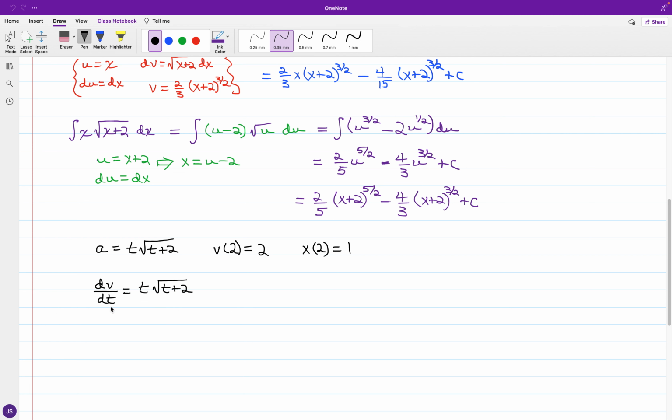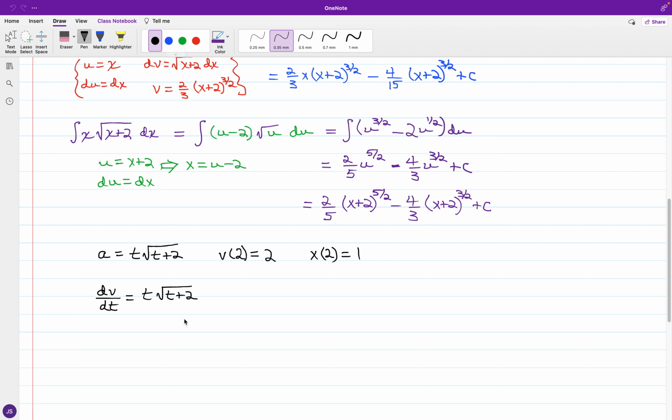And so I have dv over dt is equal to acceleration, which we have assigned as t times the square root of t plus 2. Separating the differentials, you have dv is equal to t times the square root of t plus 2 dt.